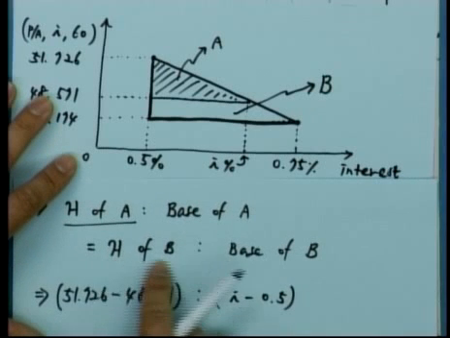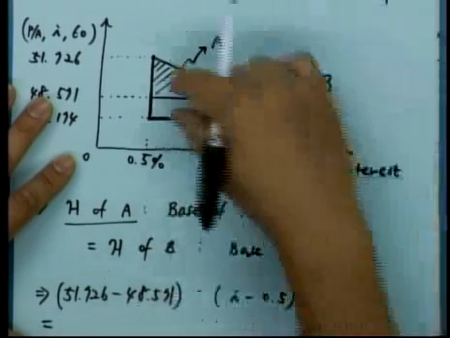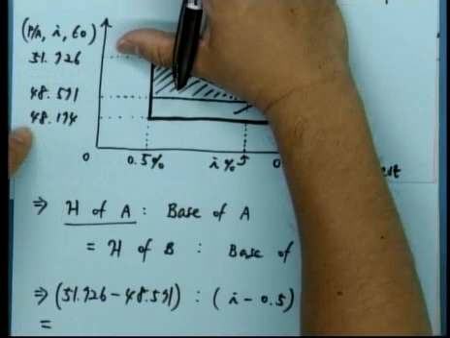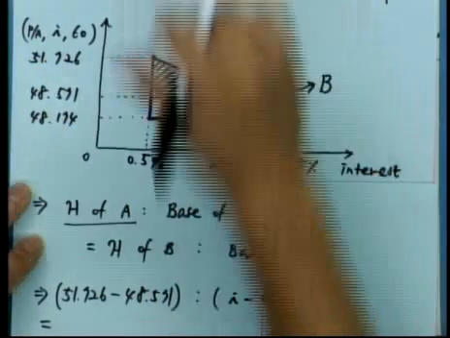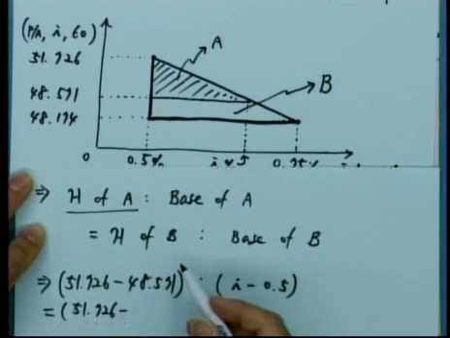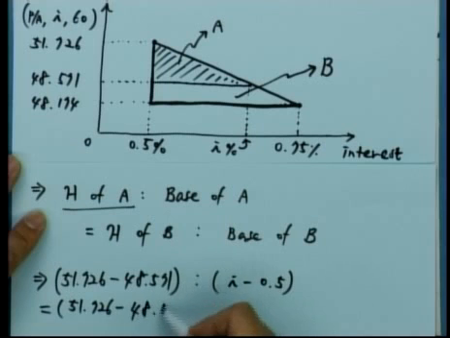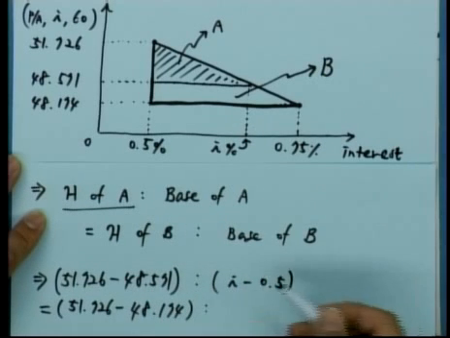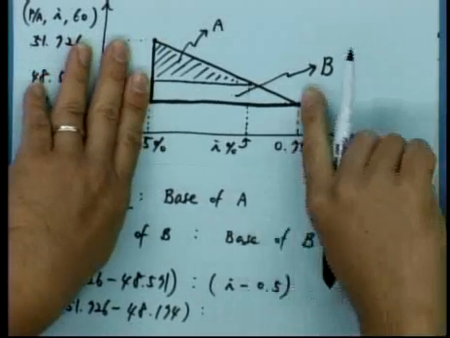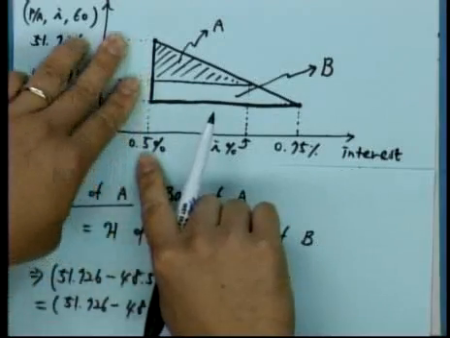Then how about the height of triangle B? The height of triangle B is this amount, right? Which is 51.726 minus 48.174, versus the base of triangle B. The same way, the base of triangle B can be obtained by 0.75 minus 0.5, right?